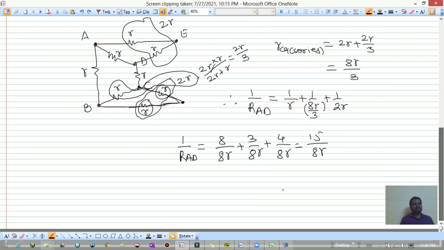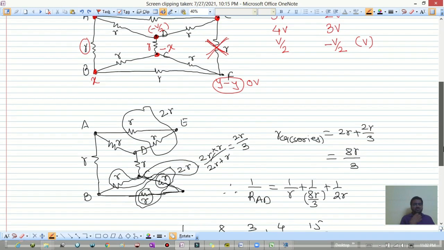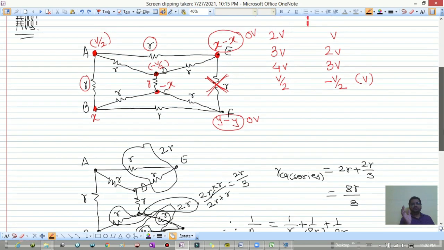And what is RAD then? That is the total resistance across AD, which is 8R divided by 15. See, once you identify which resistance has no use, it will be very simple to calculate the equivalent resistance, isn't it so? Right.